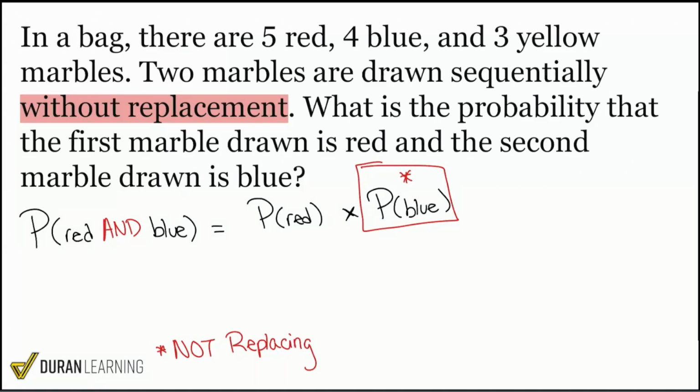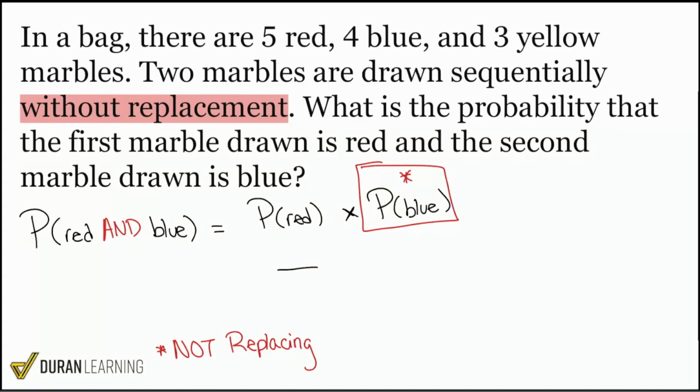So let's take it one step at a time here, everybody. When we're talking about that first random draw, how many total options are there? What are we putting on the bottom? What are all outcomes? Everything all together, how many marbles do we have to choose from? 12, that is correct.